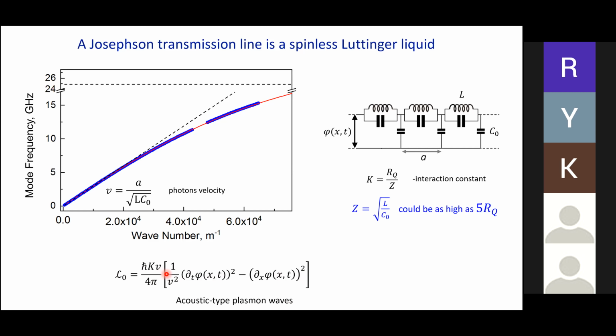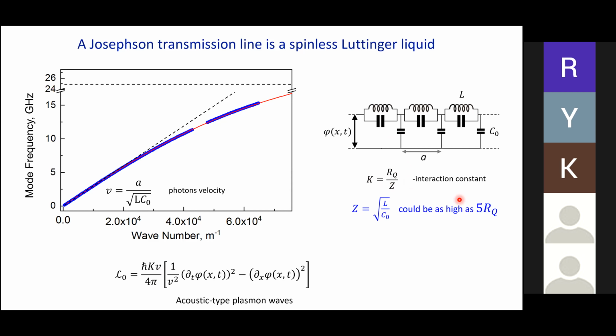Of course, you might say that any transmission line will have that Lagrangian, but the important point here is this K. This K is called the Luttinger constant in Luttinger liquid physics, and it defines the interaction between electrons in an electronic system. In our case, it's given by the ratio of the resistance quantum, approximately 6.5 kilo ohm, to the impedance of this line. And because we use Josephson junctions, we can make this impedance very high.